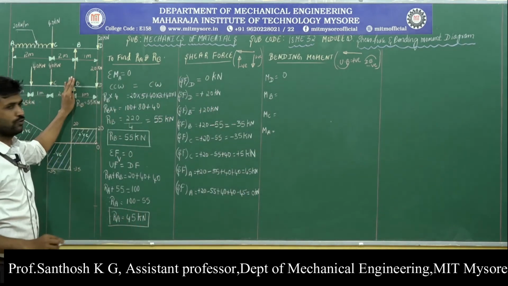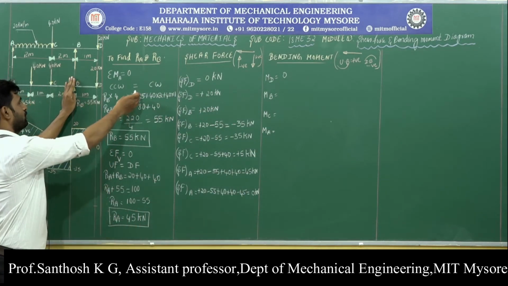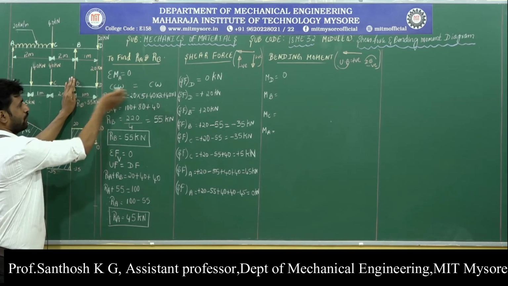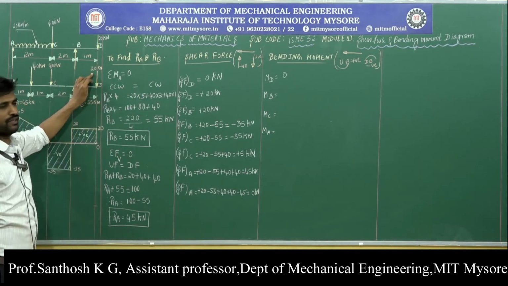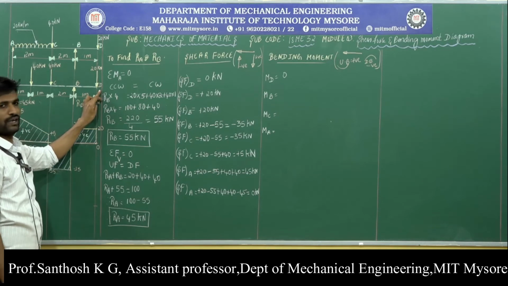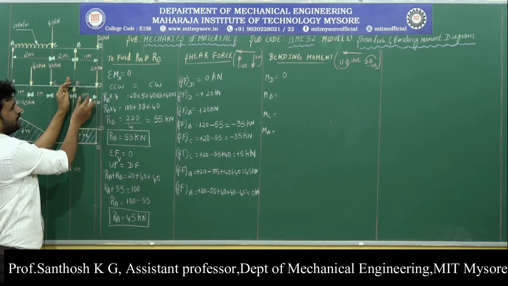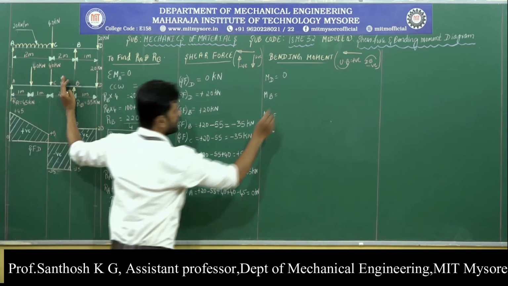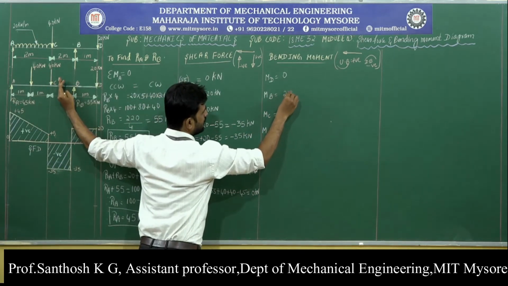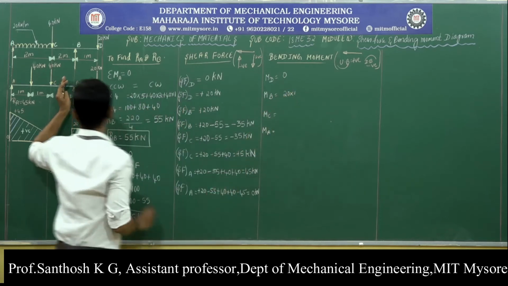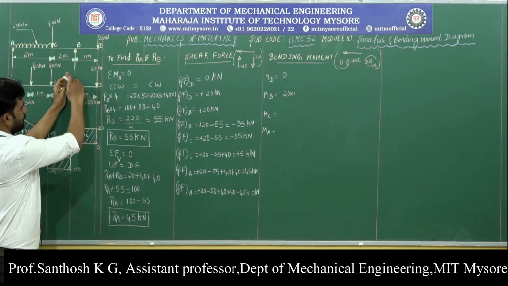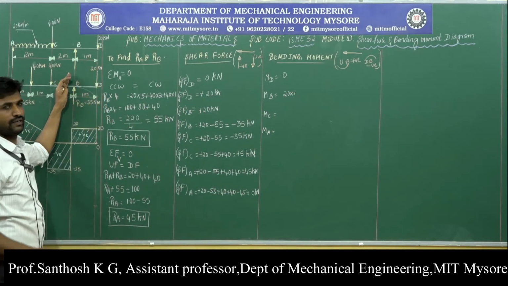Now, we will come to point B. When you come to point B, while moving from right to left, we have a 20 kilonewton force at D. This 20 kilonewton force multiplied by a distance of 1 meter creates a moment which tries to bend the beam in the downward direction.